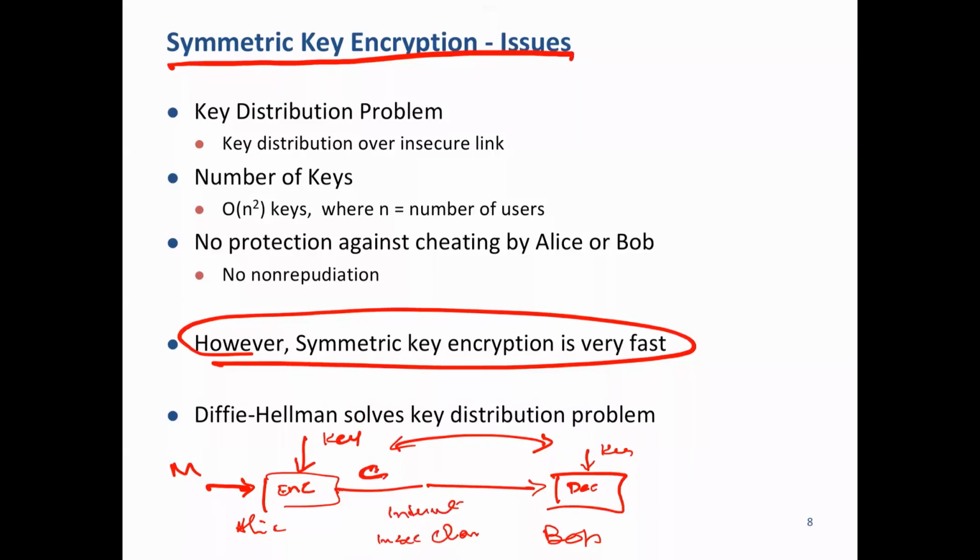IP does not say whether your packet will reach the other end, or reach properly, or that somebody in between will not watch your packet. So the internet is an insecure channel, and it is designed that way to give efficiency.